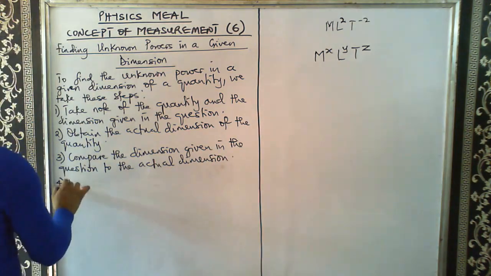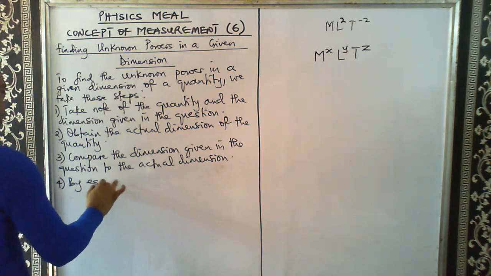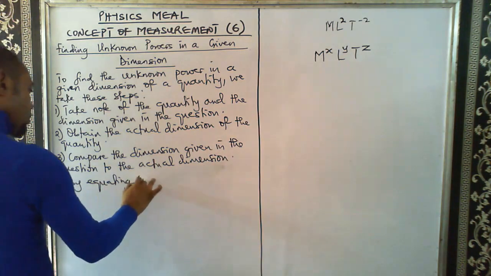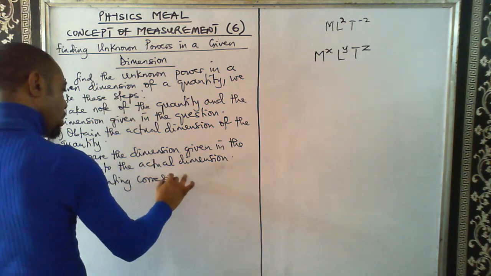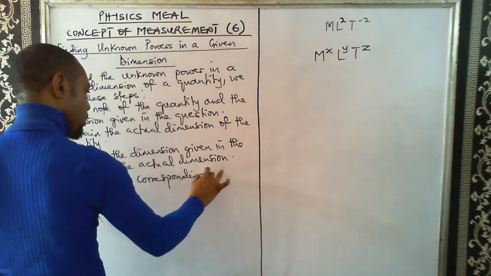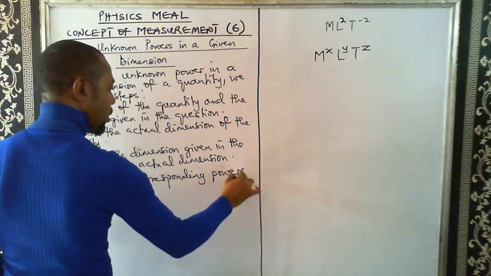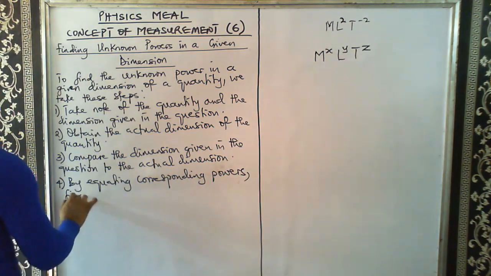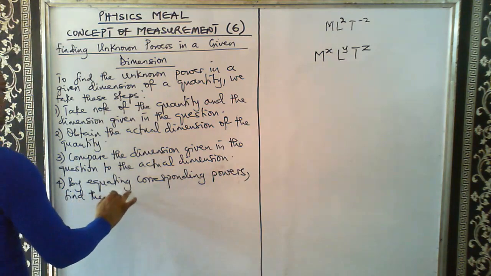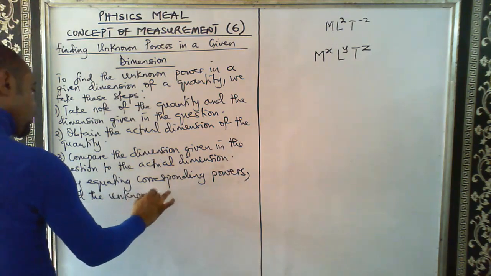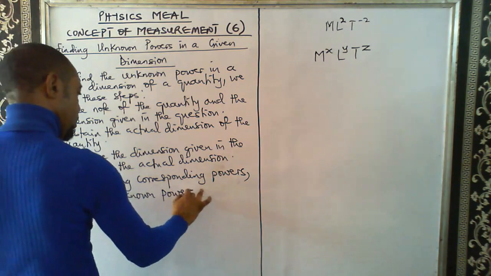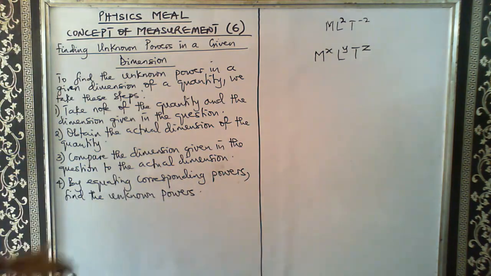By equating corresponding powers, find the unknown powers.